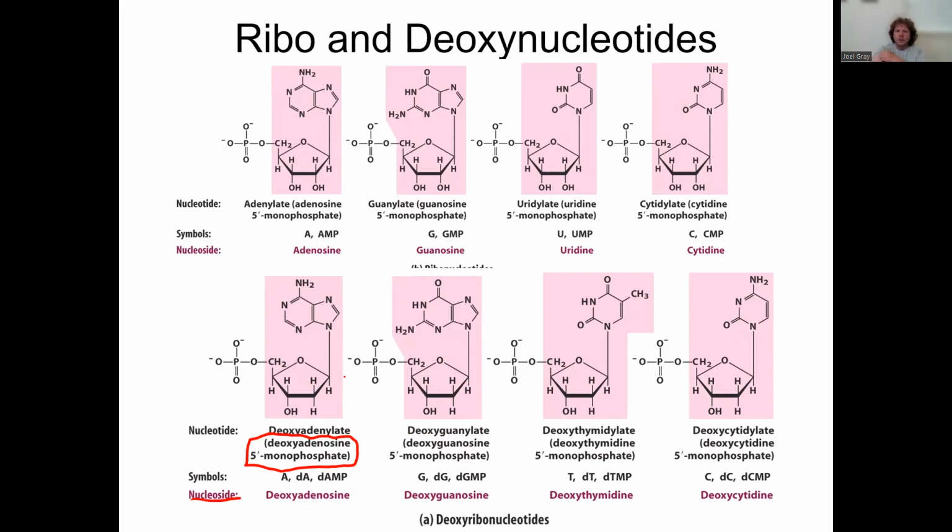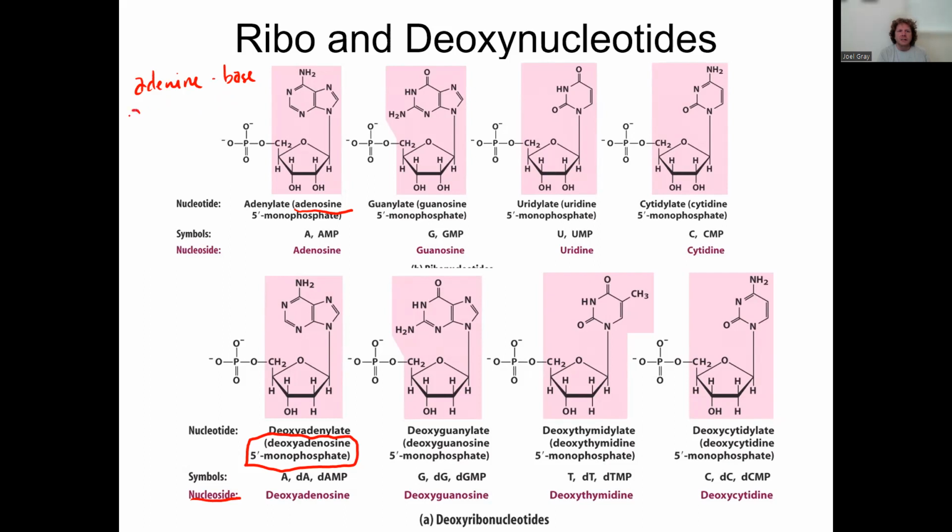So it's important to recognize the things that are providing you with information and what that information is. When you see adenosine, is adenosine the same thing as adenine? No, it's not. Adenine is the base. When you see that suffix, osine, I want you to think, aha, now I'm talking about a nucleoside.